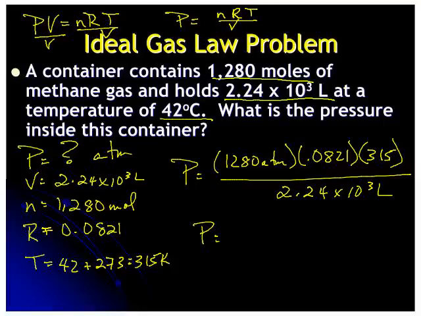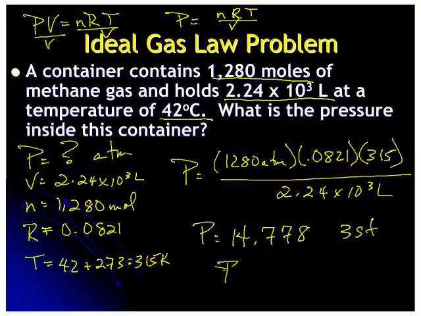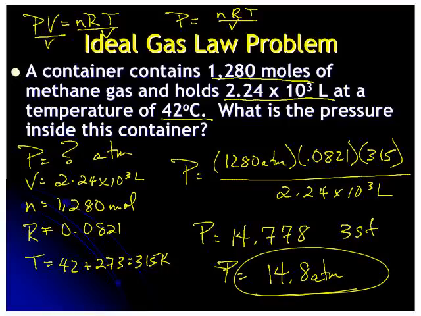And you multiply the numbers on the top, divide by the numbers on the bottom, punch it out in your calculator, and this is the start of the number that you get, 14.778. And if we look back at our problem for our significant figures, that's 3 sig figs. So it should equal 14.8 atmospheres for the units. Okay?